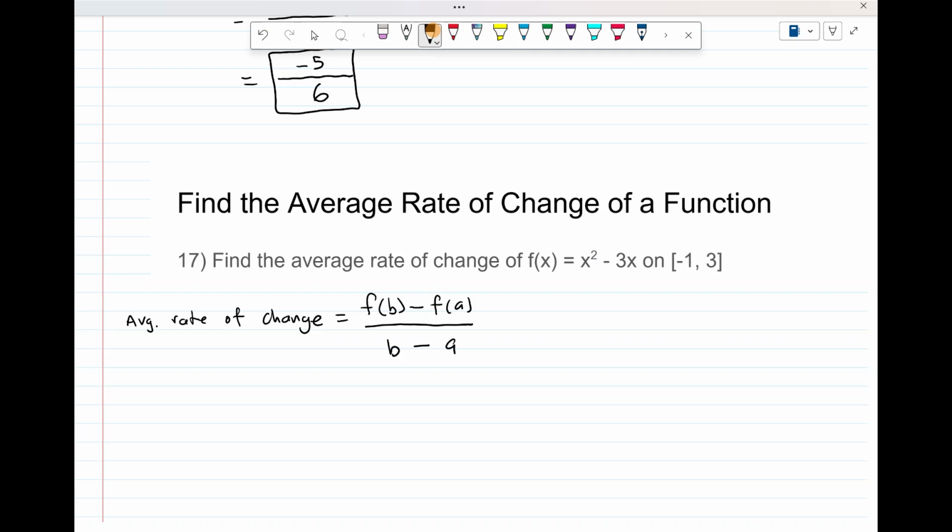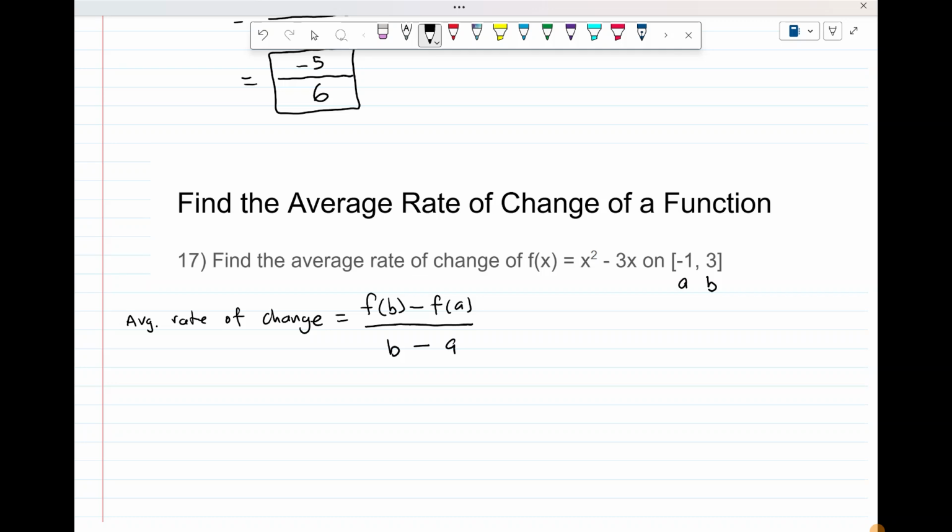Here, you always need an interval: in between what two x values? My two x values are -1 and 3. This is your a, and this is your b.